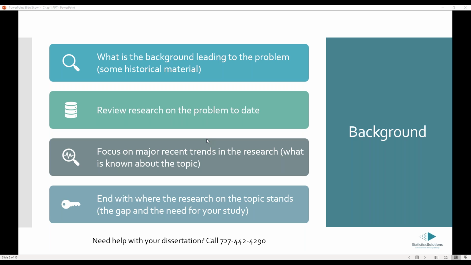Yeah, that's all handled in the background, or sometimes called background to the problem, where you summarize some of the major trends in the research, which lets the reader know what's been done on the topic and what still needs to be done and should lead to the need for your study.